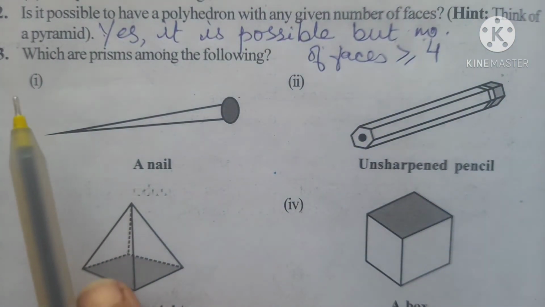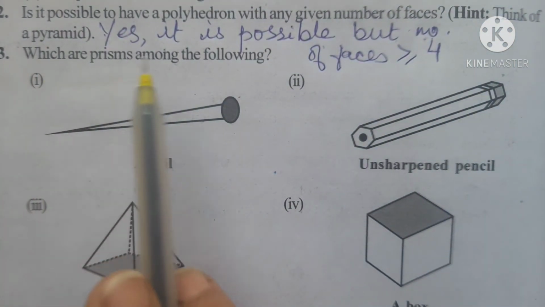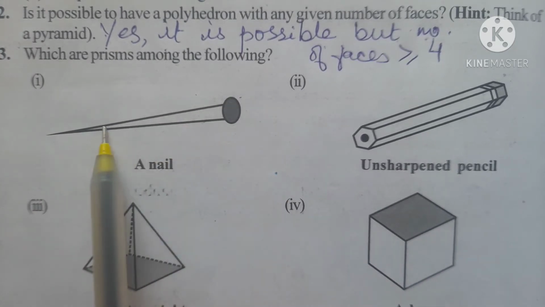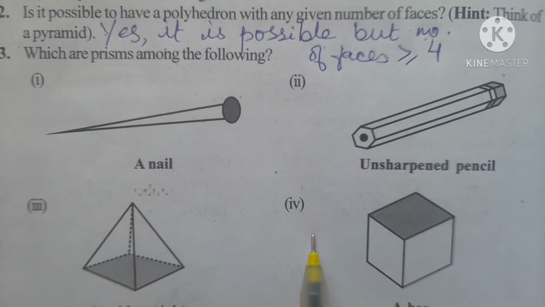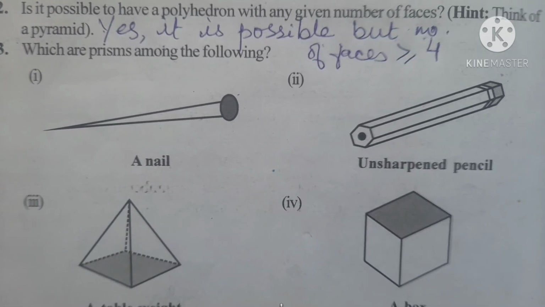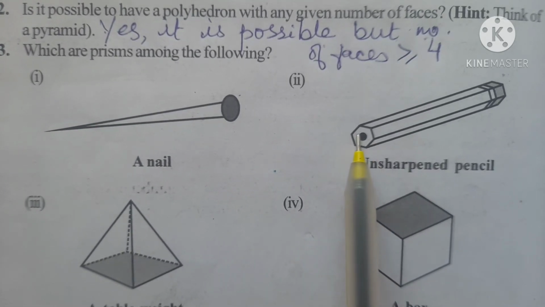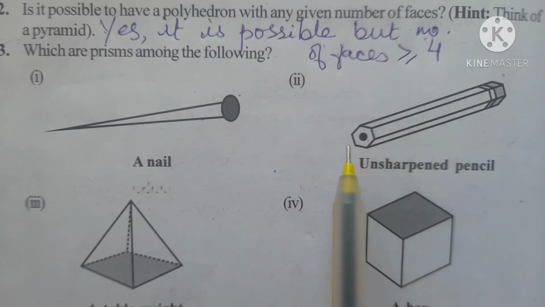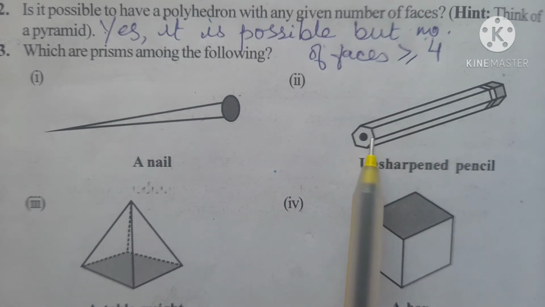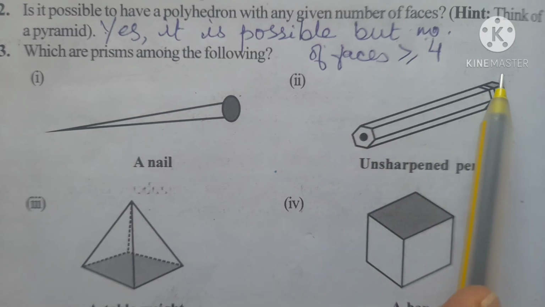Now, next question number 3. Which are prisms among the following? These are 1, 2, 3, 4 figures. Which are prisms? What is the condition of a prism? That the top and the bottom faces should be the same shape. So you can see this is a hexagon shape and the bottom face is also a hexagon.